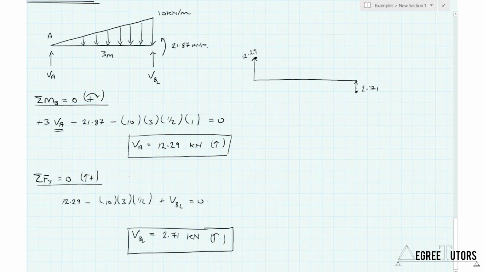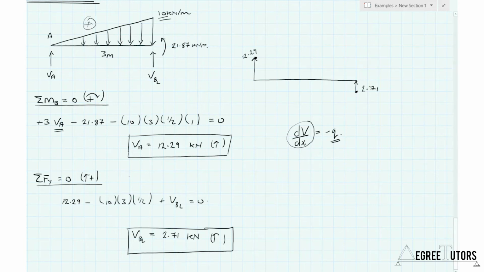Now, because the magnitude of the distributed load is linearly varying, that means that the slope of the shear force diagram will be linearly varying, because you'll recall at some point in the past you've seen this relationship dV/dx equal to minus Q, where Q here represents the intensity of loading, and what that's simply saying is that the slope of the shear force diagram is equal to the magnitude of the load intensity at a given point.